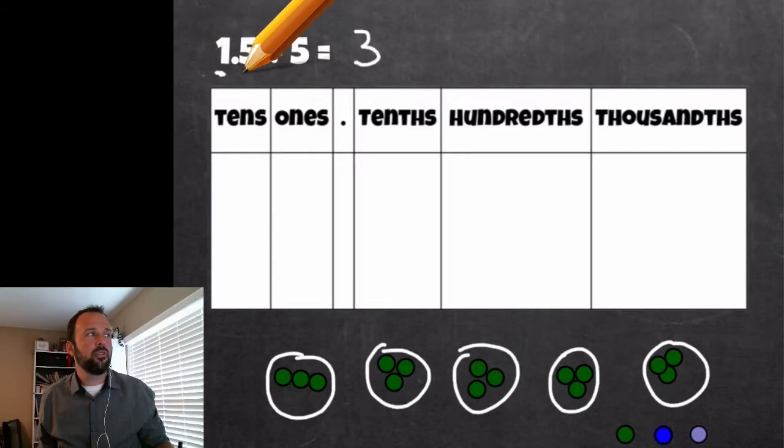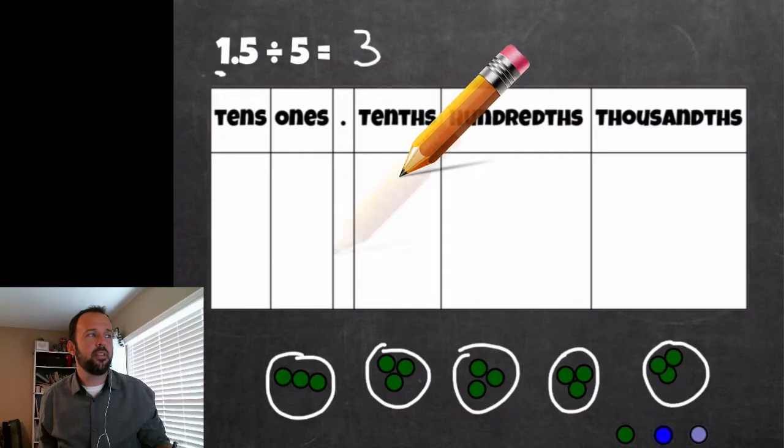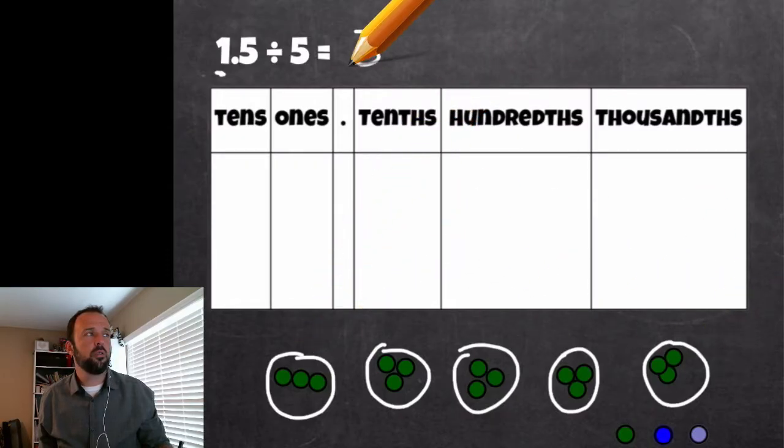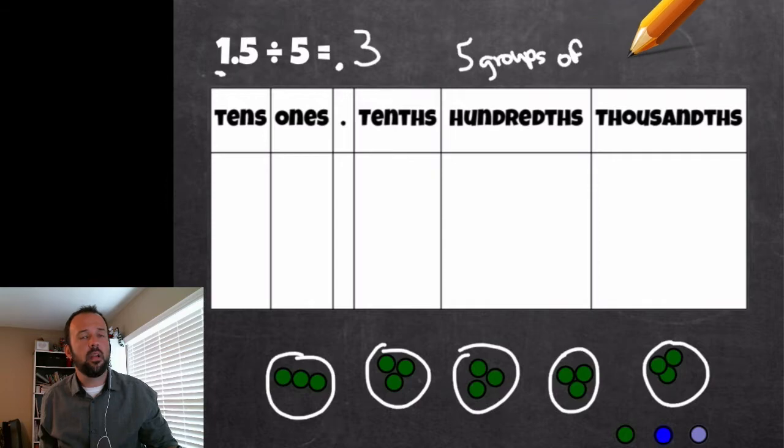What I had to do first was take that 1 5/10, turn it into tenths, which gave me 15 tenths, and then I divided that into 5 equal groups, which gave me 3 in each group. So 5 groups of 3 tenths is going to be equal to 1 5/10, okay?